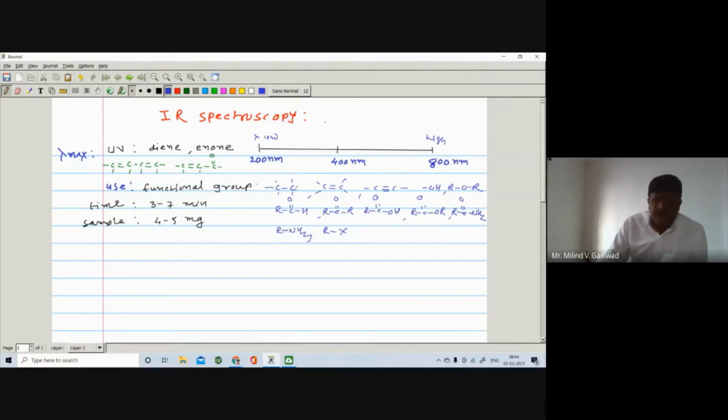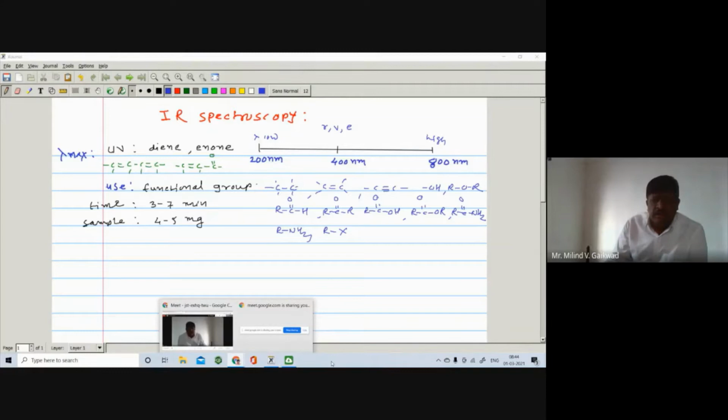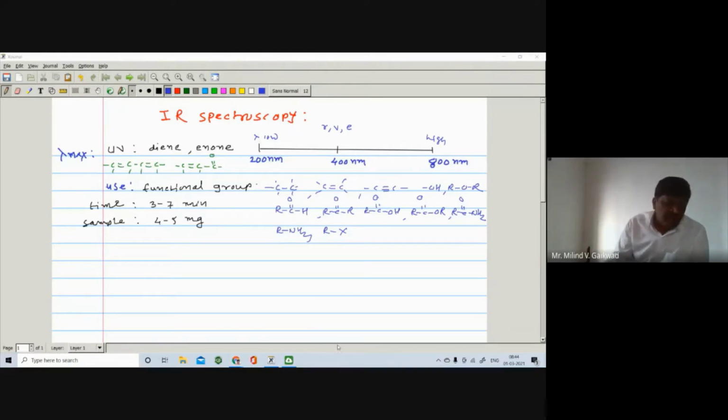But what about IR? As compared to UV, the lambda is more and the energy is lower.